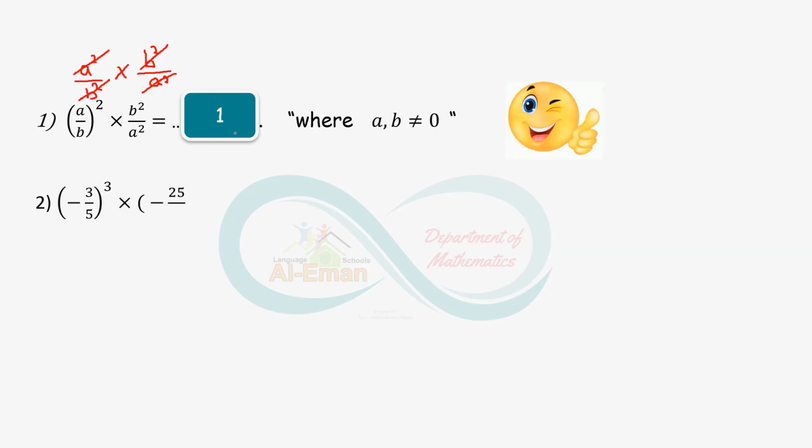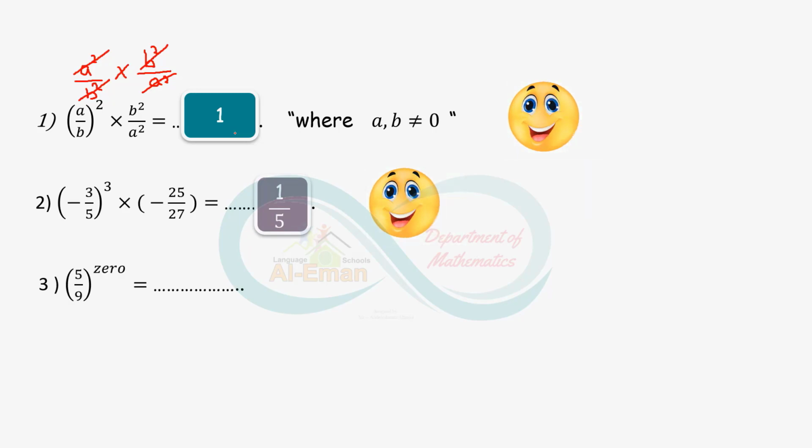Next question. -3 over 5 all to the power 3 multiplied by -25 over 27 equals, excellent, 1 over 5. 5 over 9 all to the power 0 equals, bravo, 1.